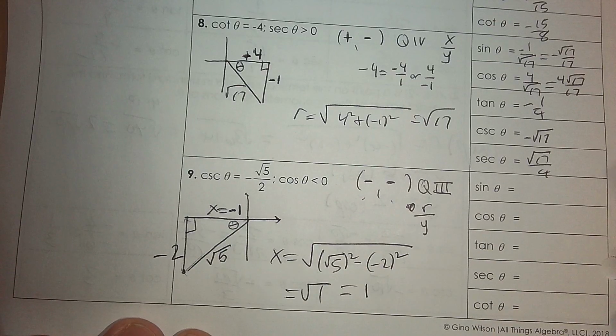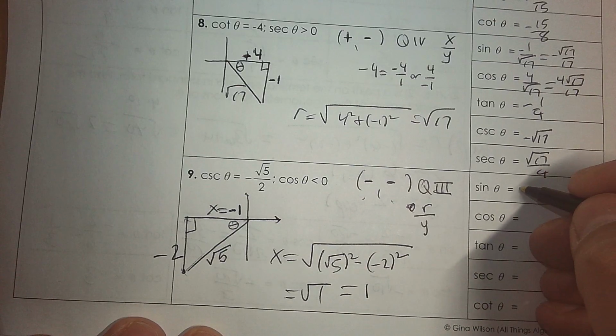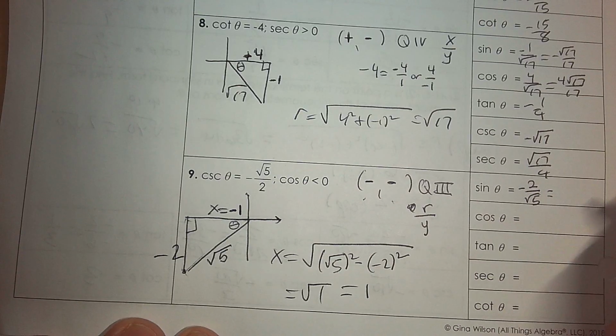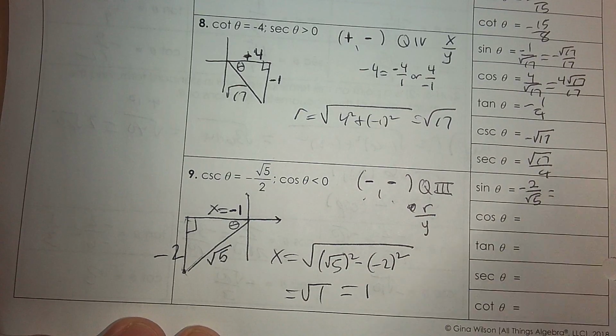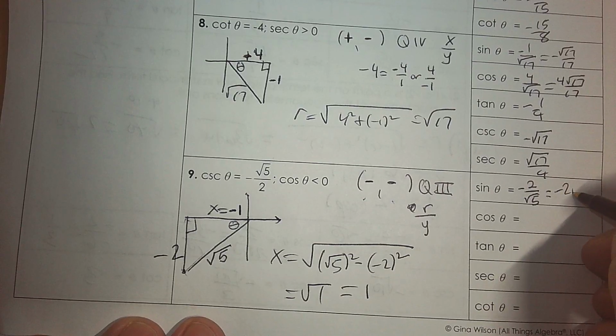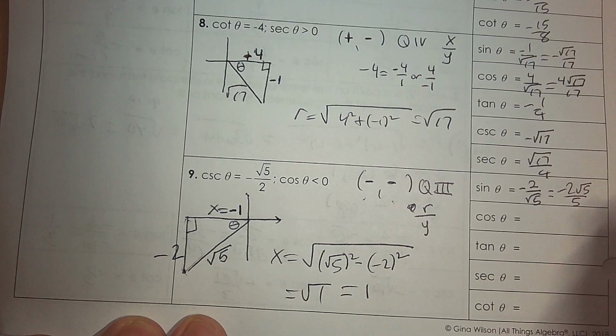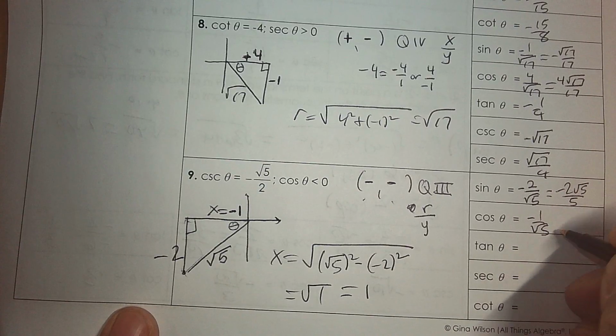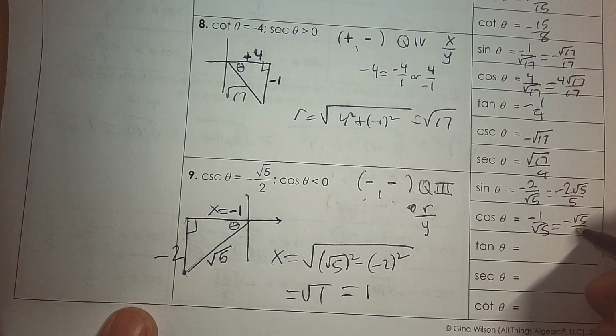Now the definition. So sine is y over the radius, and then rationalize the denominator, so multiply by root 5 top and bottom. Cosine, the x over r, again multiplied by root 5 top and bottom.